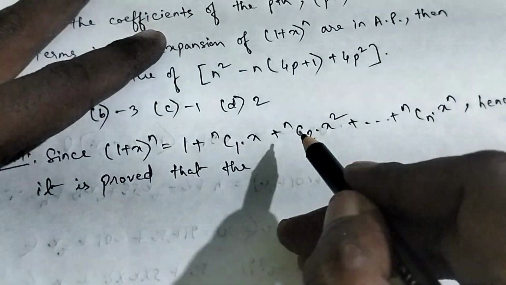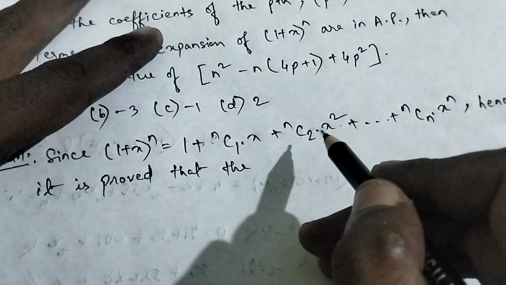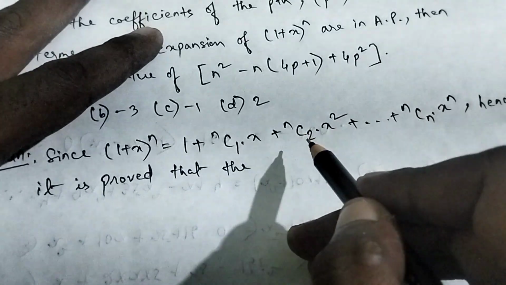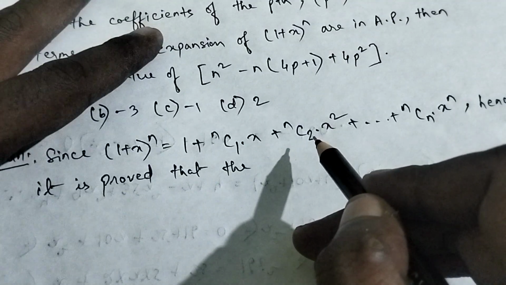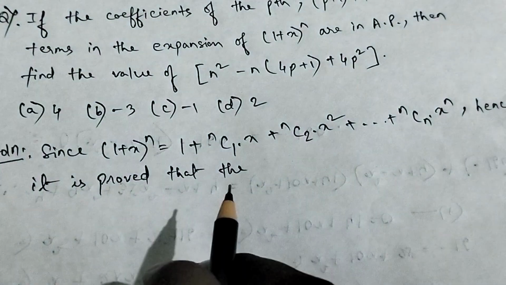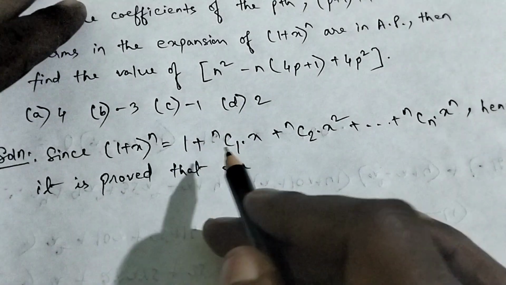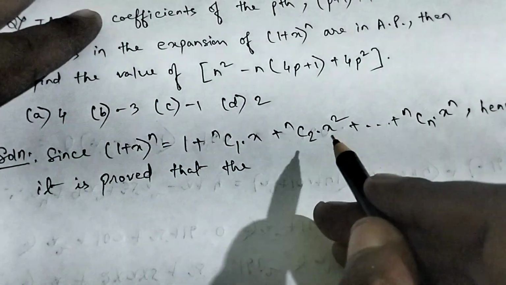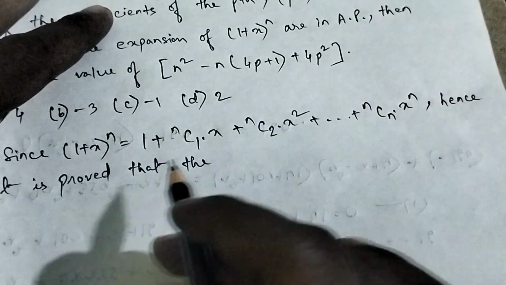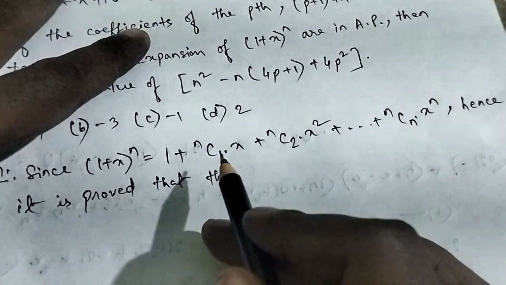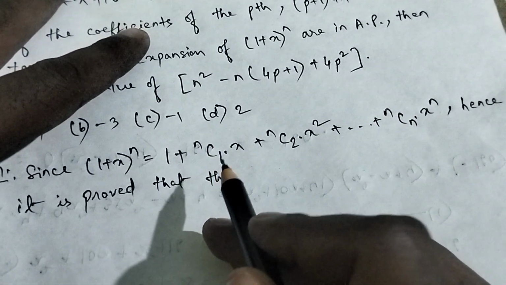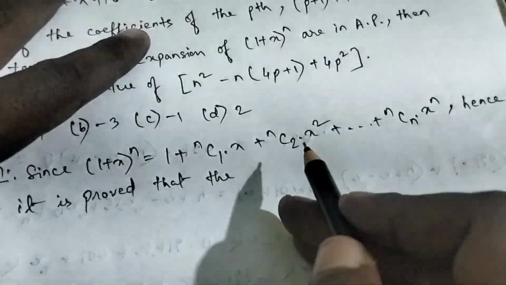What is the coefficient of x square? nC2. What is the coefficient of the second term? nC1. What is the coefficient of the third term? nC2. In this way we can say the coefficient of the second term is nC1, of the third term is nC2.